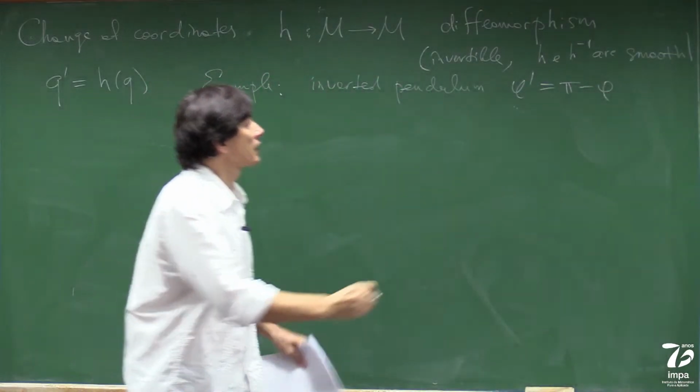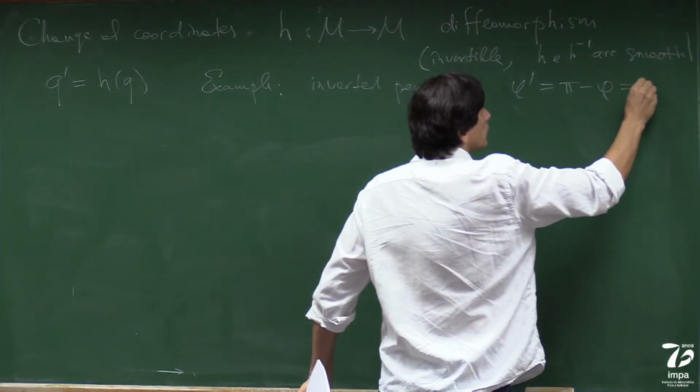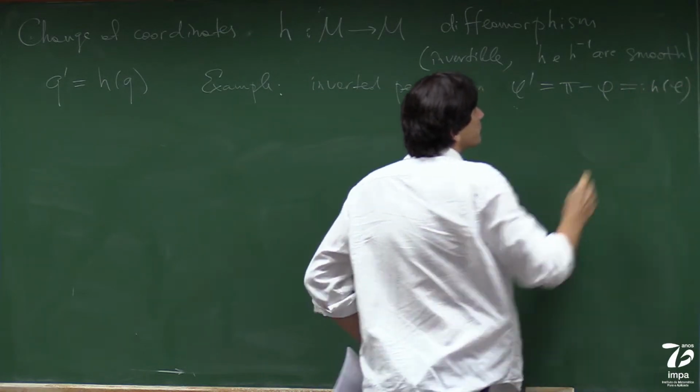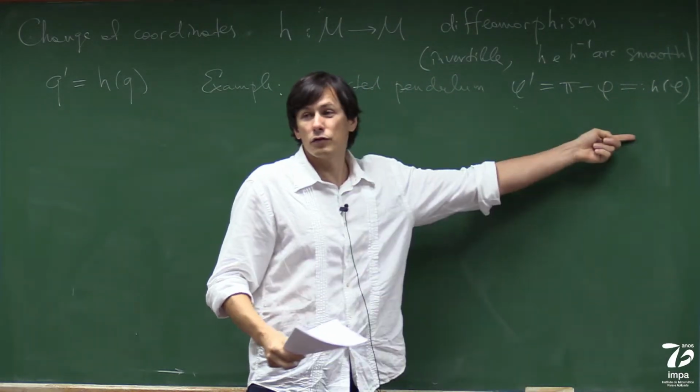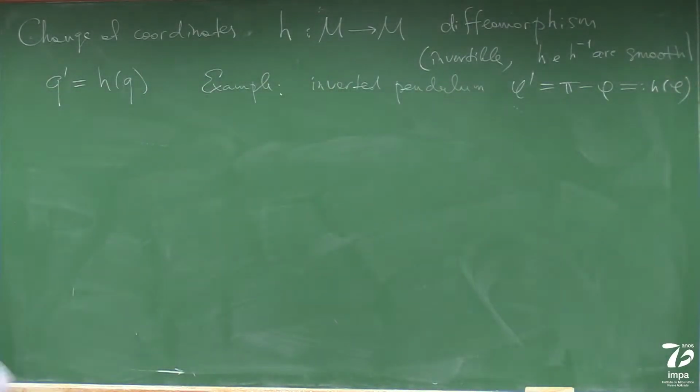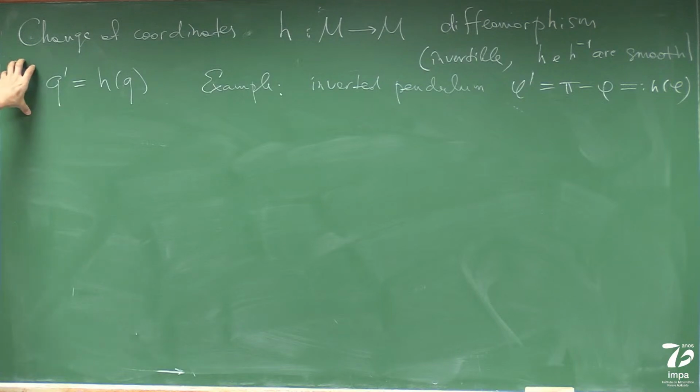So you see, this is exactly h of psi. So this is 1-to-1. You can invert it. It's differentiable, so it's a good function. Okay. So changing coordinates is good, but now we need to find the change of the Lagrangian function.